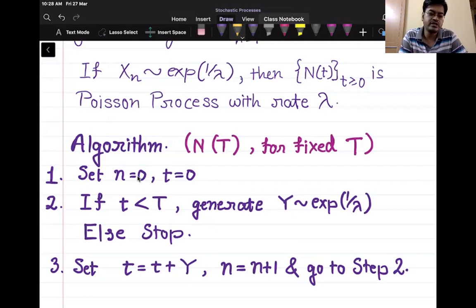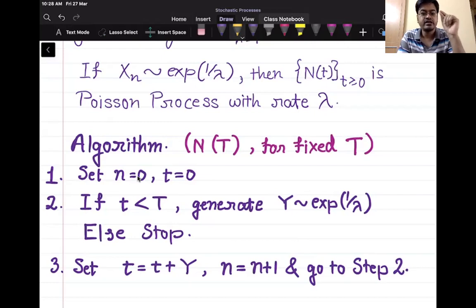The small t will be less than capital T. Therefore, I will generate Y following exponential with mean 1 by lambda. If it happens that the small t is greater than or equal to capital T, then I will stop the algorithm. Otherwise, I will continue. So in the first iteration, N is equal to 0, t is equal to 0, and 0 is less than capital T. Therefore, I have generated one exponential random variable with mean 1 by lambda.